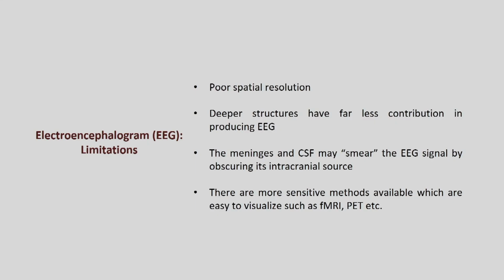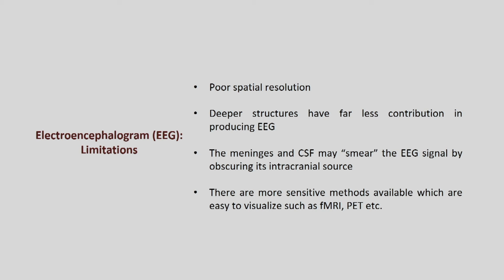Now, let us understand some limitations of this EEG. Its spatial resolution is very low. You will get more sensitive recording if you do fMRI, PET and so on, but of course, these are very expensive. Deeper structures of your brain may not contribute to this particular EEG wave, so you may not get proper understanding of it.